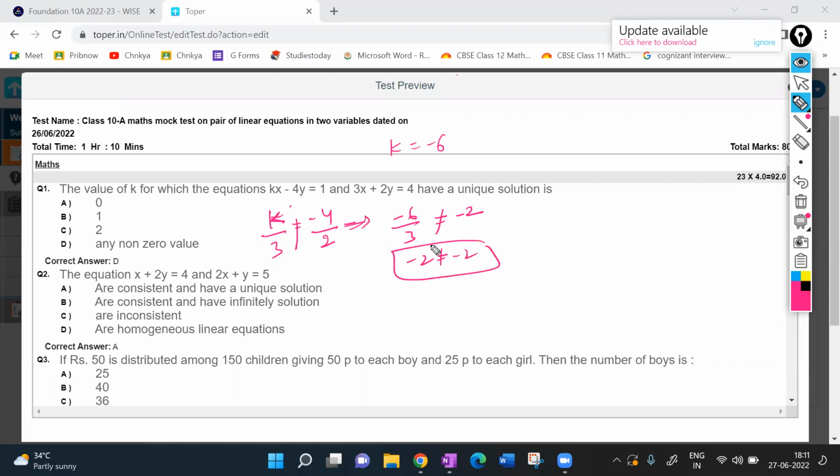Yes, actually -6 is also a non-zero value, and if you have -6, it will not satisfy the condition. It is an invalid statement. If you write like this, it is wrong actually.